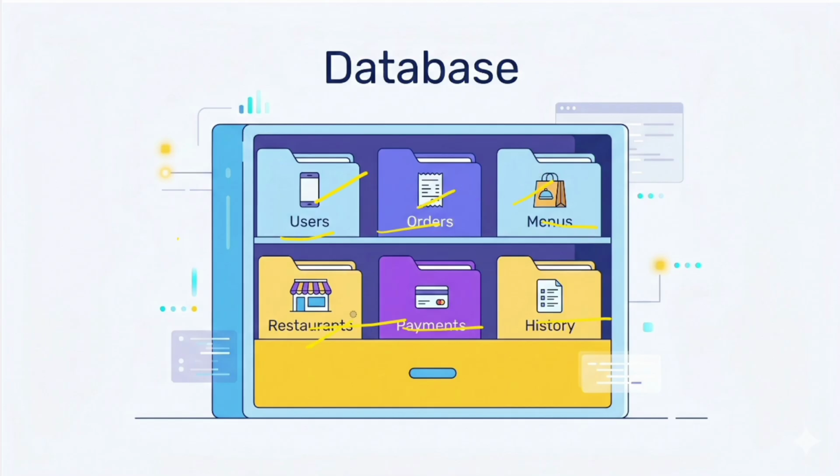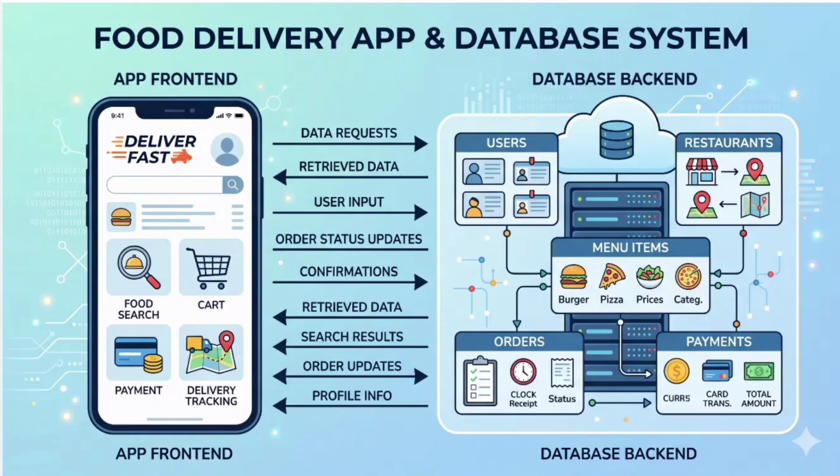Orders stores the food orders that the customers have ordered. Menus has food items and prices. The payment folder stores payment details. So instead of keeping everything in one messy place, the database arranges data neatly. This is why a database is not just storage, it's organized storage.